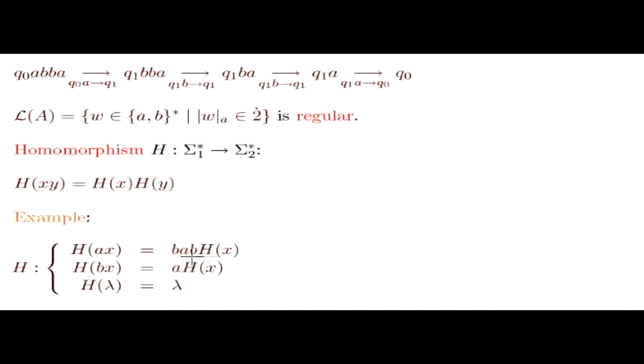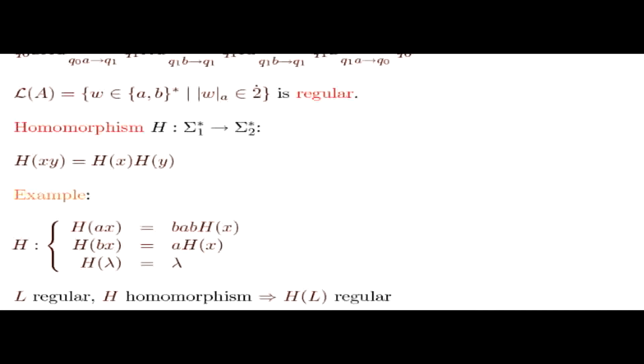The result must be specified by a word followed by the image of the rest of the input word. In addition, the image of the empty word must be the empty word. The advantage of homomorphic transformations on word languages is that they are regularity preserving, that is, the image of a regular language by a word homomorphism is also regular.